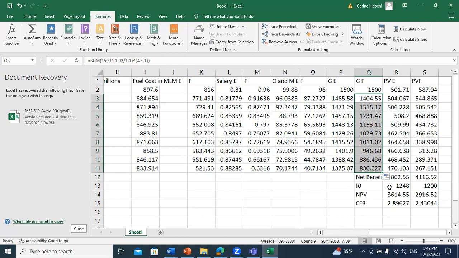And if your investment is $50,000 and you gain, let's say, 10,000, it's good. But if your investment is $1 million and you just gain 10,000, it's very bad. This is why we need a fraction, a relative value, which is the CER, which will divide the net present value over the initial investment.